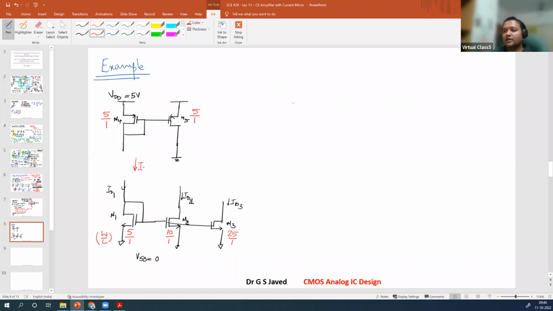I want some current. For example, I will say rather than 5, I want 25 microampere current here. So what will be the current that will flow here? This will be given as VDD minus VTP minus VTN over the R0 of this device.